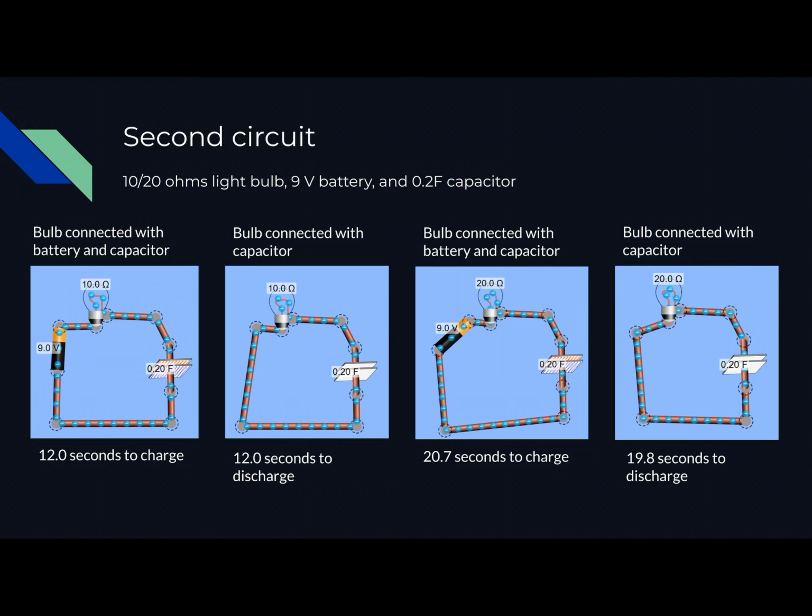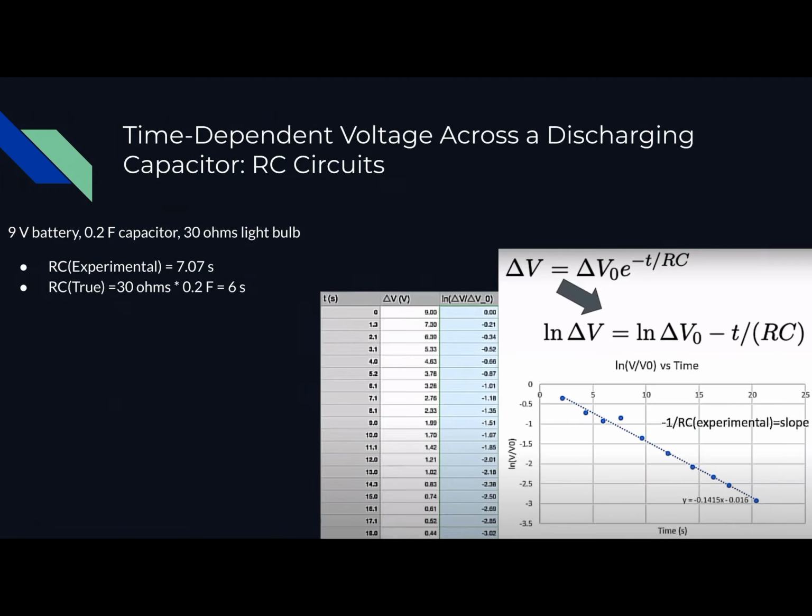But in the second one, when we increased it to 20 ohms, the time to charge and discharge took longer, about 8 more seconds. And the charge and discharge times were not as close as when it was 10 ohms.